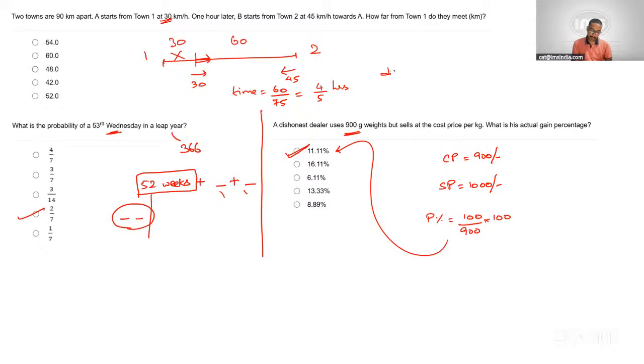A's distance would be 4 by 5 of 30 kilometer per hour, which is, I believe, 24 kilometers. So another 24 over here cut down. So how far from town 1 do they meet? 54 kilometers. That's one more question in this page.